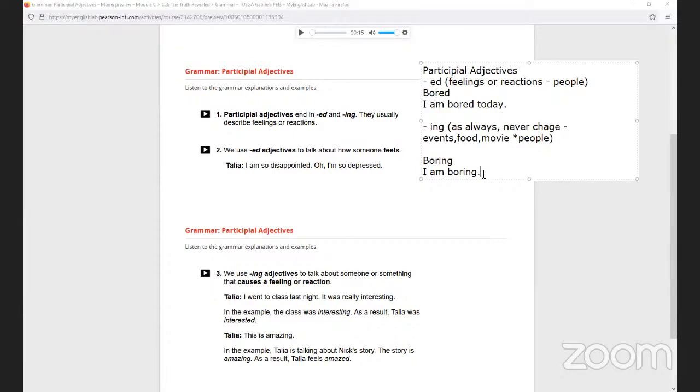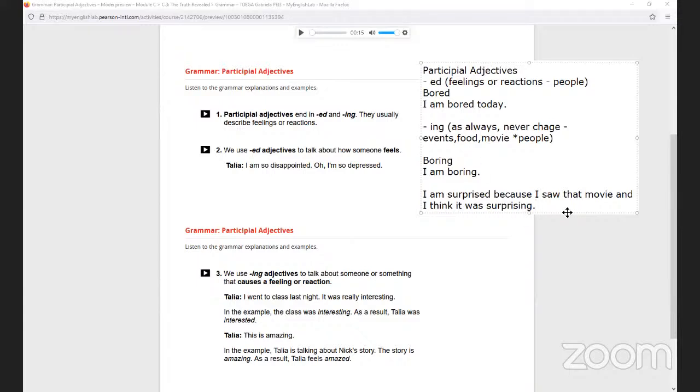Another example, we could say like here, I am surprised. I am surprised because I saw that movie, and I think it was surprising.